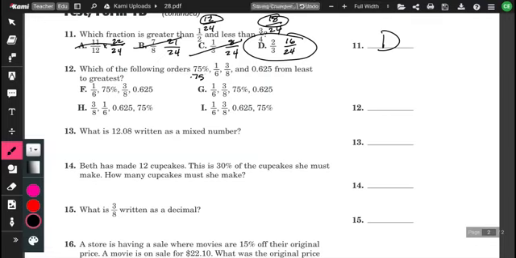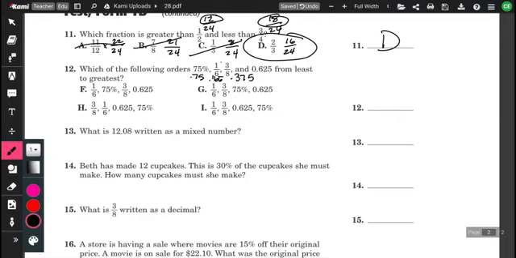For 1/6 and 3/8, I will need to work through them. I feel like I've been seeing 3/8 a lot, I should know. 3/8 is 0.375, and 1/6 is 0.166.